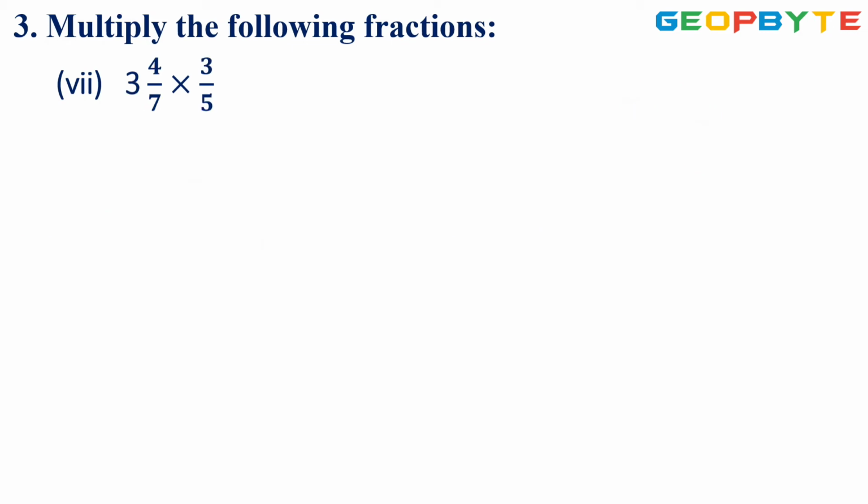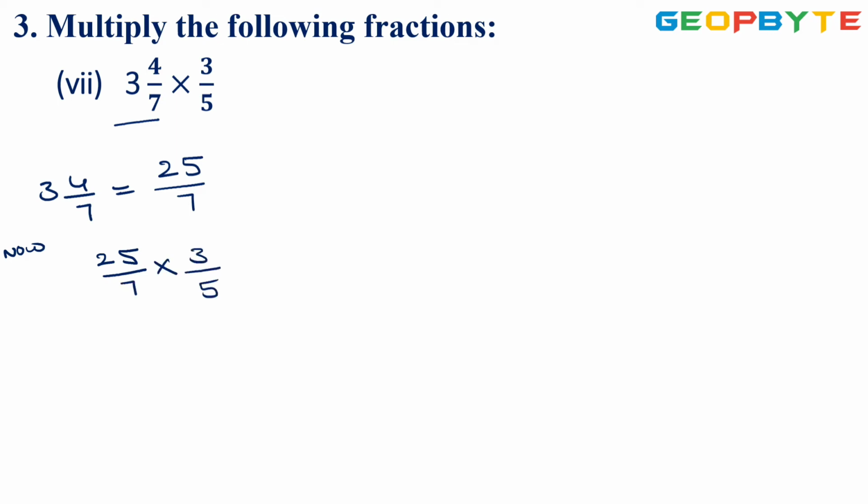Next, seventh question. 3 4/7 into 3/5. First we need to convert the mixed fraction into an improper fraction. So 3 4/7 is equal to 7 threes are 21 plus 4, 25/7. Now 25/7 into 3/5, which is equal to, by the rule of multiplication of fractions, product of numerators by product of denominators.